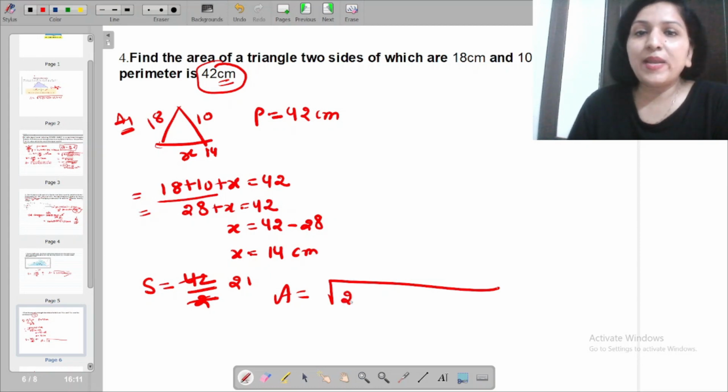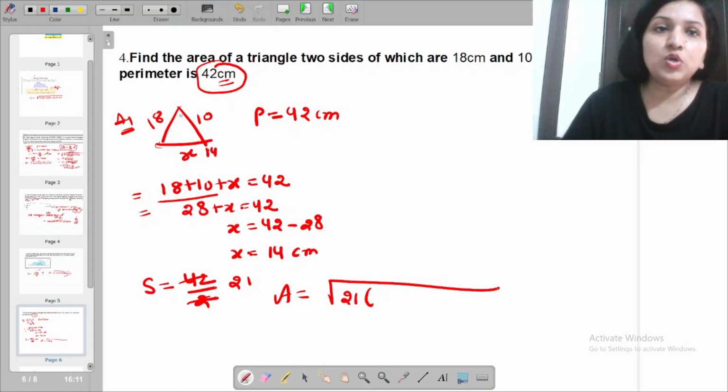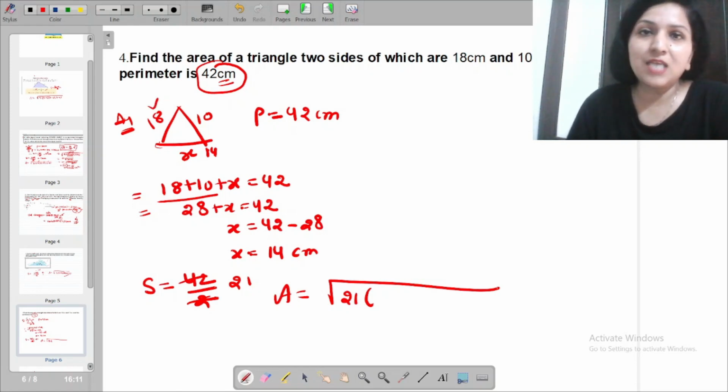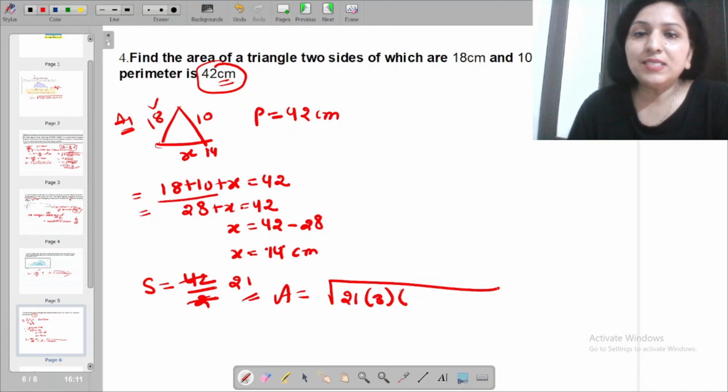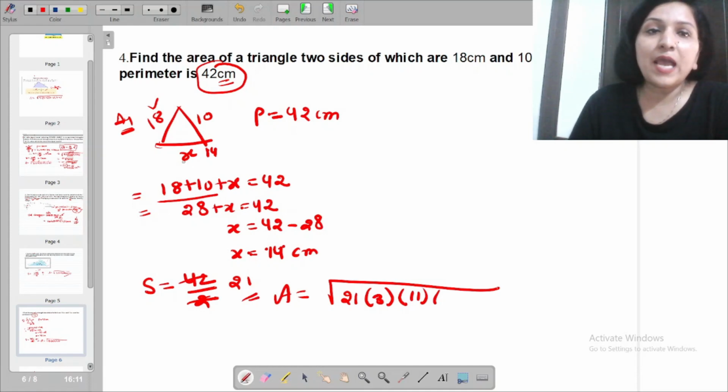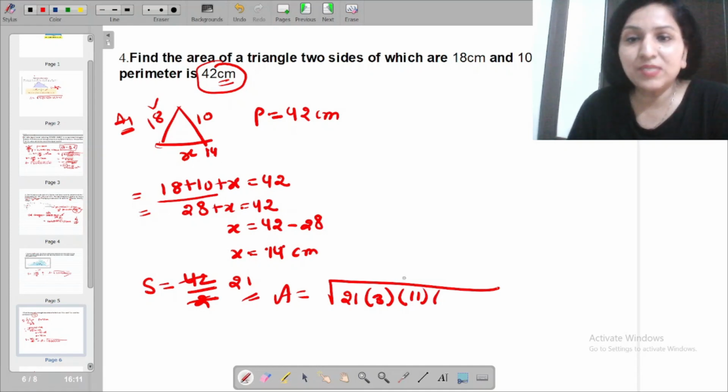S which is 21. Second bracket is S minus 18. So 21 minus 18 is how much? It is 3. 18 and 21 difference is 3. Now the difference of 21 and 10, it is 11. Now the difference of 21 and 14, it is equal to 7.